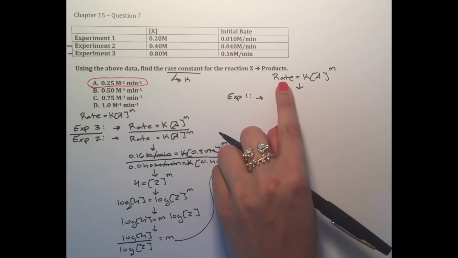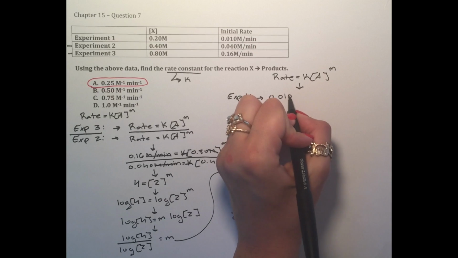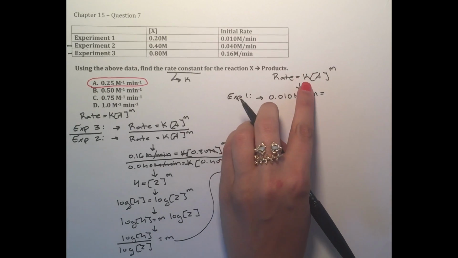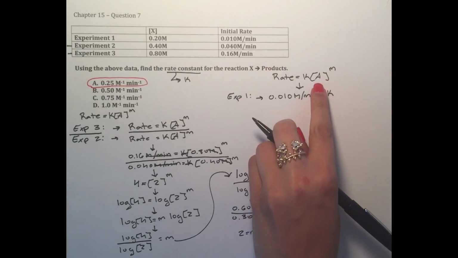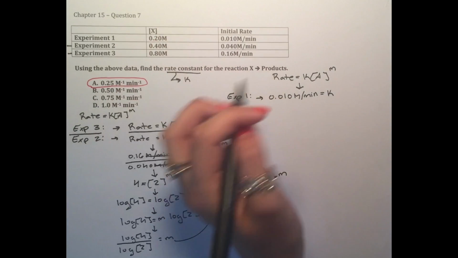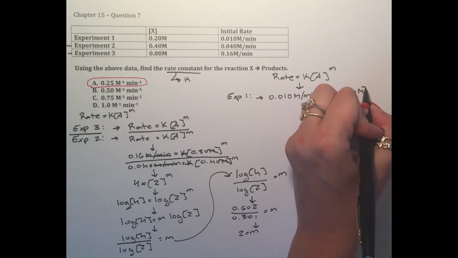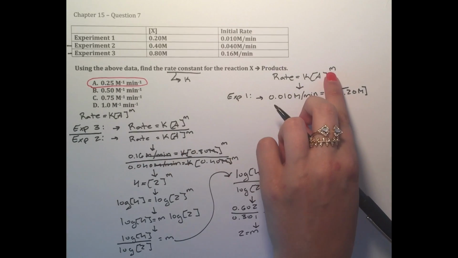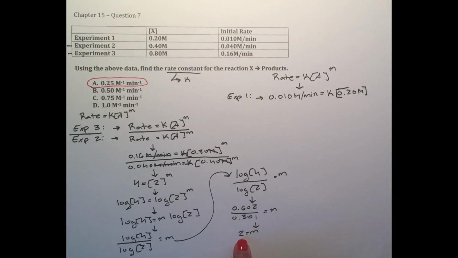Okay, so our rate for experiment 1 is 0.010. Our K for experiment 1, we're not given. Our concentration for experiment 1 is 0.2. And our M for experiment 1, well, we solved M, and that is 2.